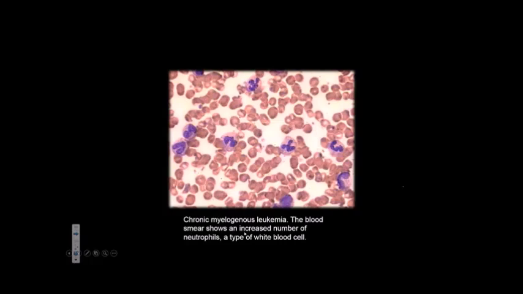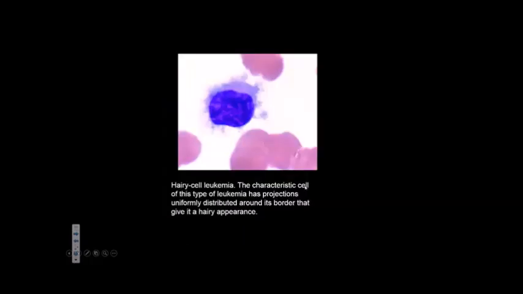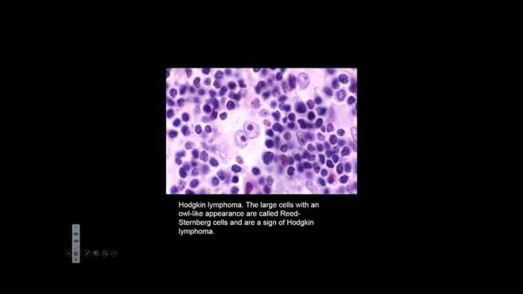So chronic myelogenous leukemia. We see way too many neutrophils, that's what we're looking at. This is hairy cell leukemia. Owl eyes, Hodgkin's disease.